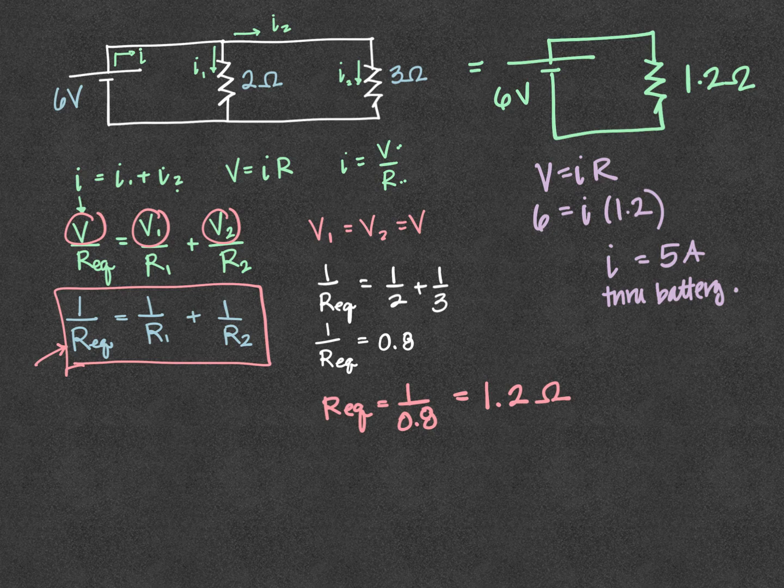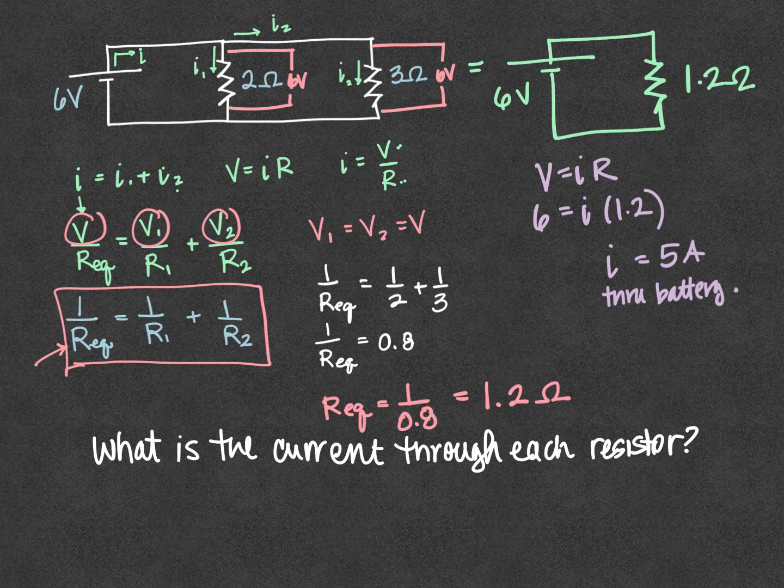So from the rules we saw in our lab, the potential across each one of these resistors would be equal to that of the battery, both of them being 6 volts. So what's the current through each resistor?